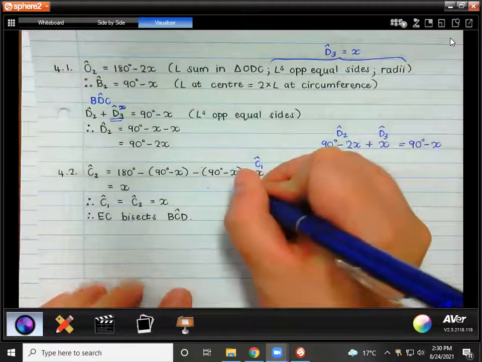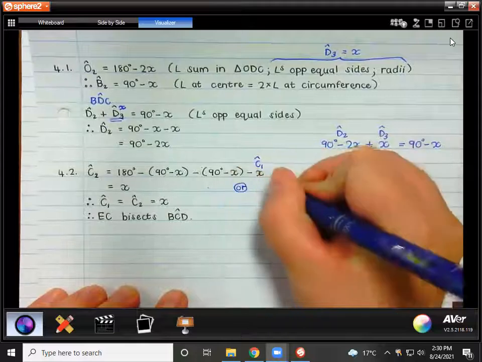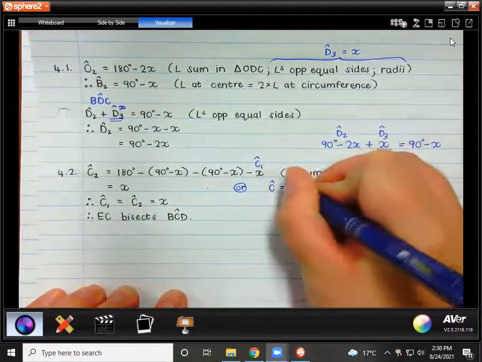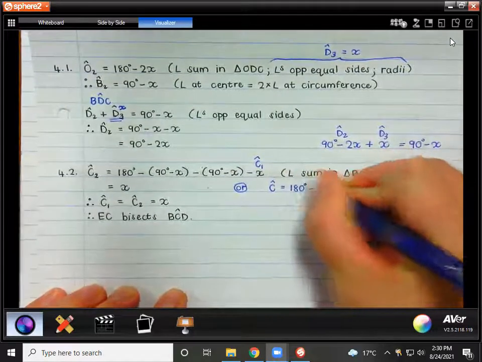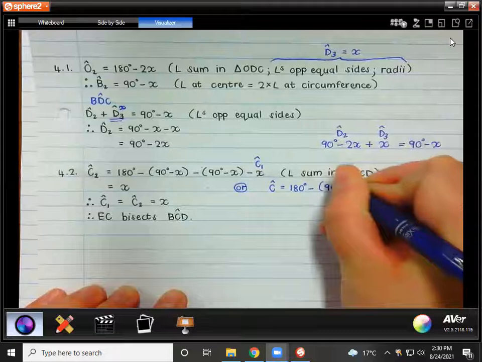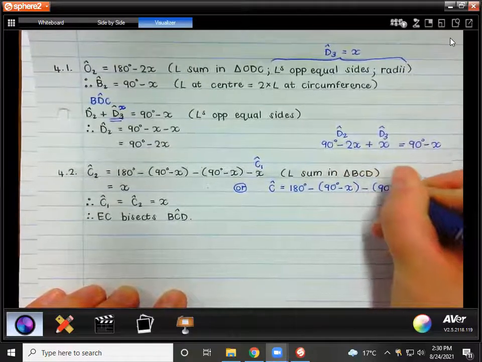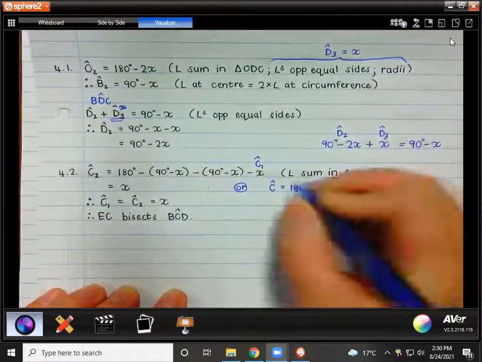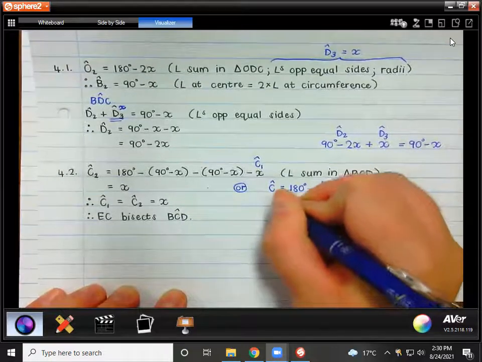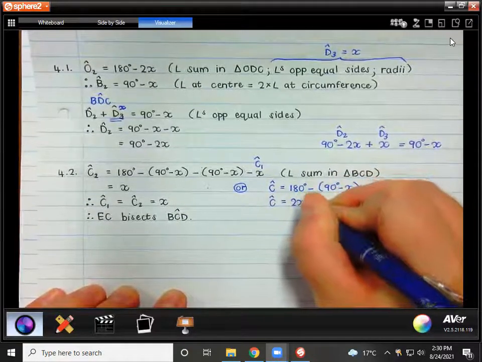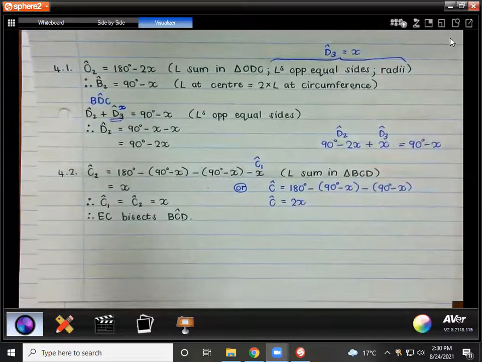I'm just going to write here, you actually could have just done this. C is 180 minus 90 minus x minus 90 minus x, and that is then 2x, right? So the whole of angle C is then 2x.